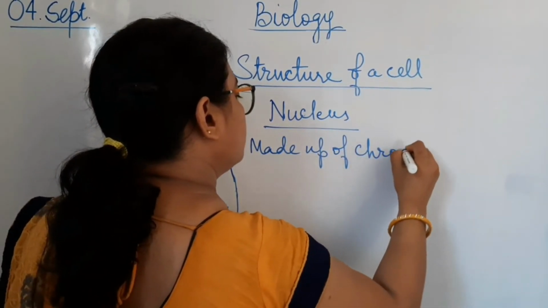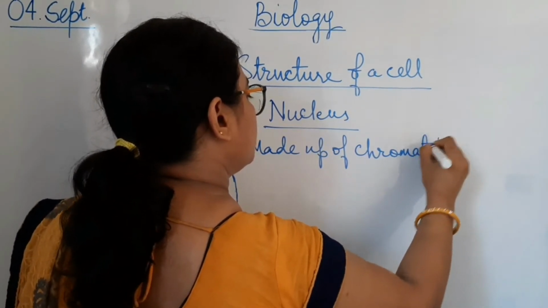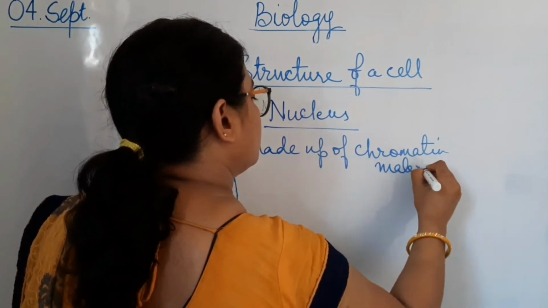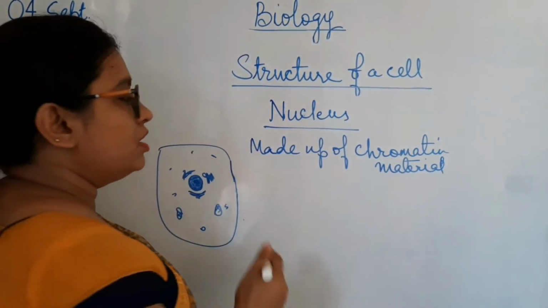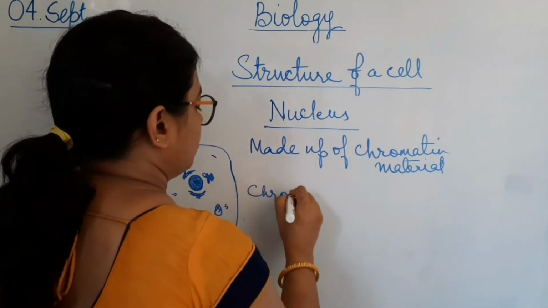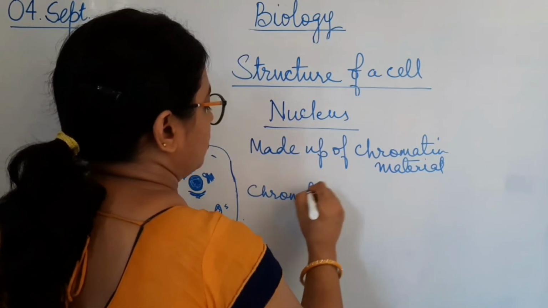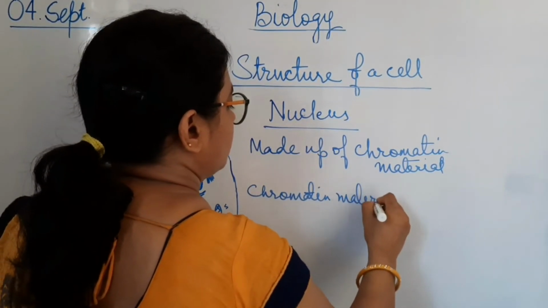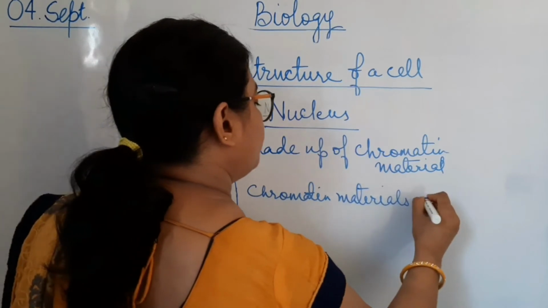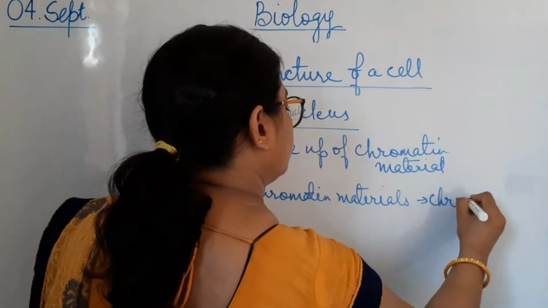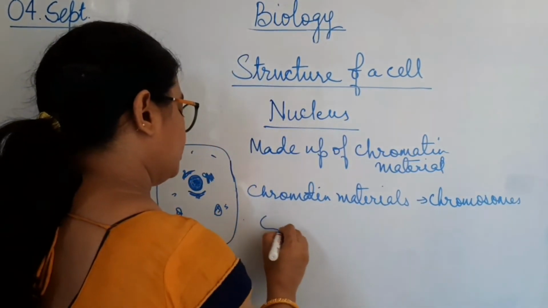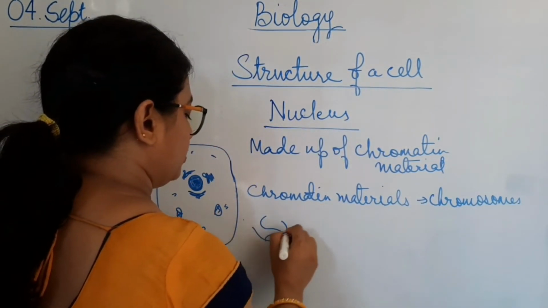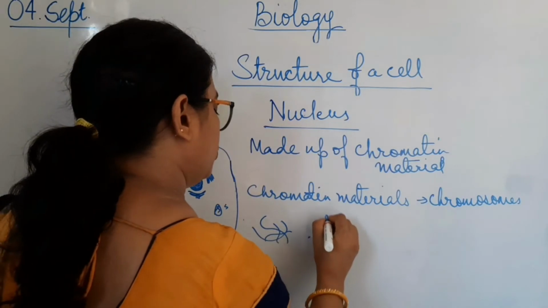The nucleus is actually made up of chromatin material. During division, chromatin material forms into chromosomes. This thread-like structure is converted into chromosomes.